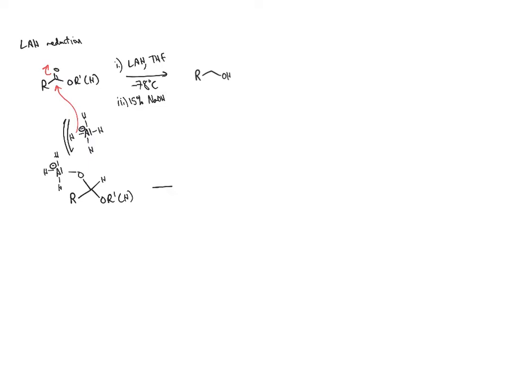This is then going to collapse, and it's going to collapse with loss of the leaving group. So you're going to get either the hydroxide leave or the alkoxide leave, and it's going to generate an aldehyde. Now, if you have two equivalents of lithium aluminum hydride in there, what can then happen is that it can react again.